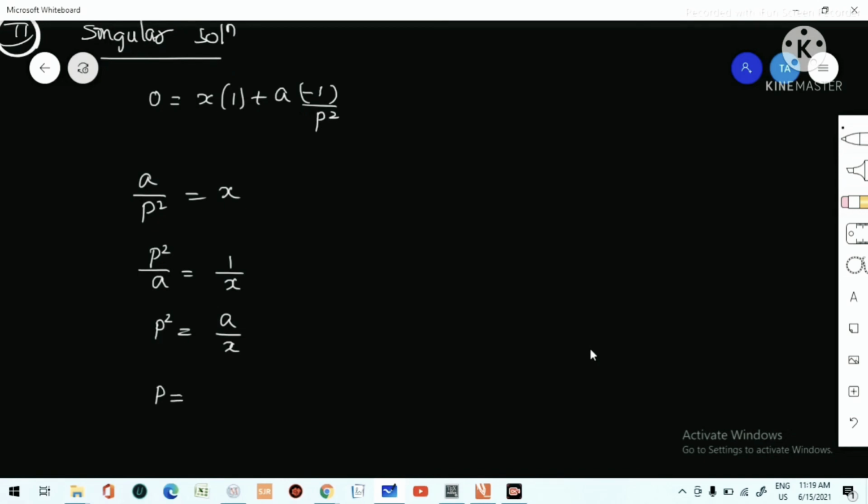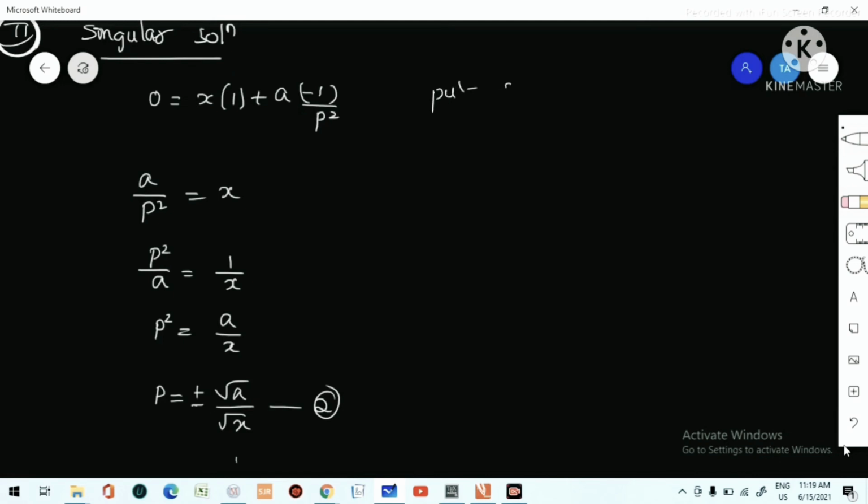So p square is equal to a by x, so p is equal to plus or minus square root of a by x, which is plus or minus square root of a by square root of x. So here you have got two values, right? Call this equation number 2.